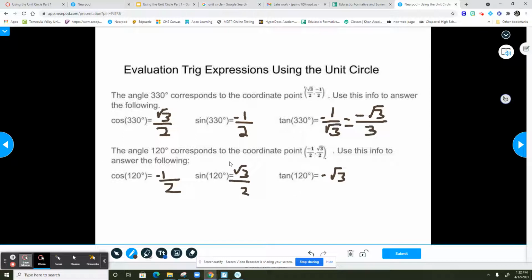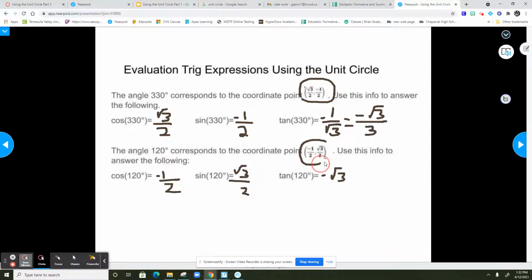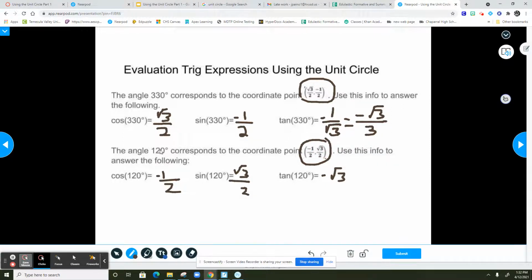So again, the part that is somewhat challenging is what we already had done, right? It was finding the ordered pair that's associated with that angle. All right, and so if you have a picture of the unit circle, it's really easy.